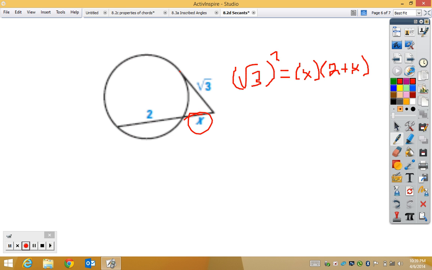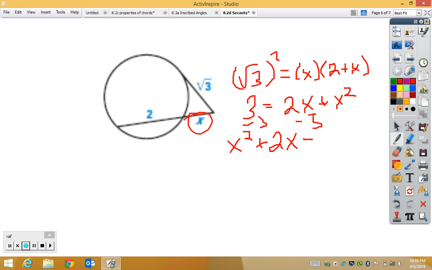And we get 3 squared, which is just 3, equals 2x plus x squared. And so if we subtract the 3 over and rewrite this in standard form, we get x squared plus 2x minus 3 equals 0.